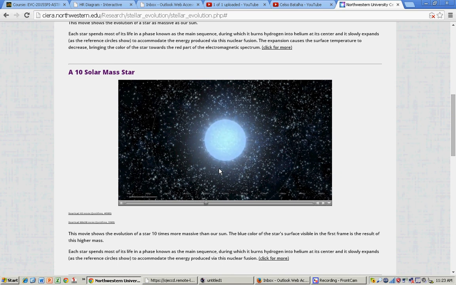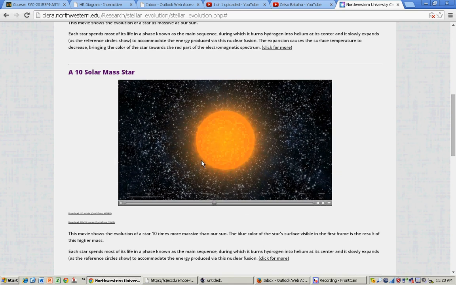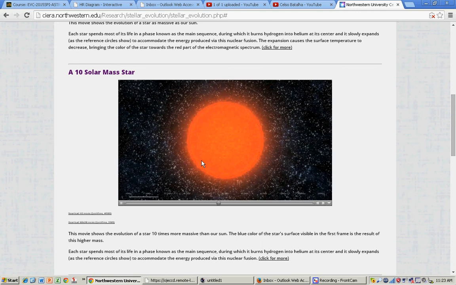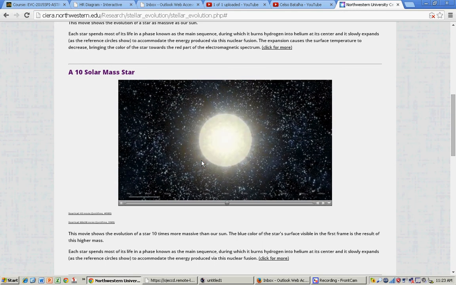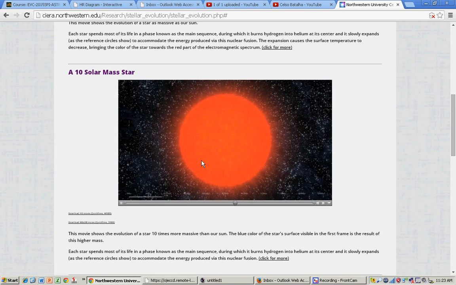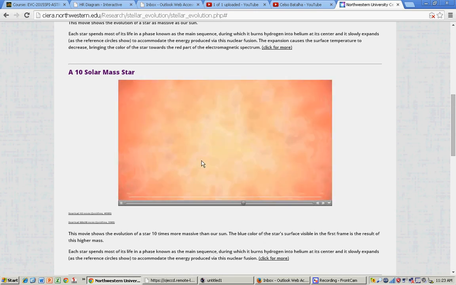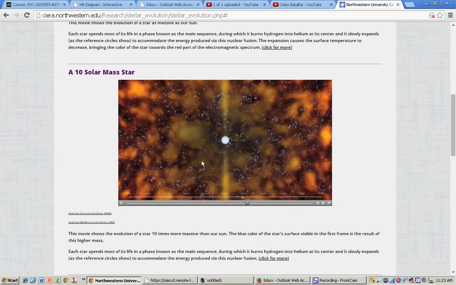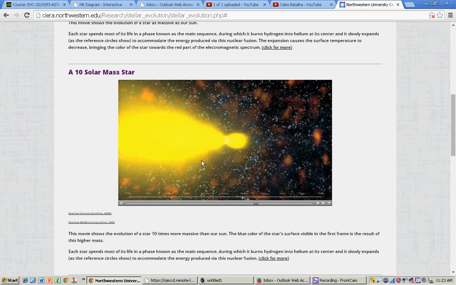Now it's really close and another circle is approaching in here, and then it goes quick, and then goes through a process by which in the core hydrogen can be fused into carbon automatically.